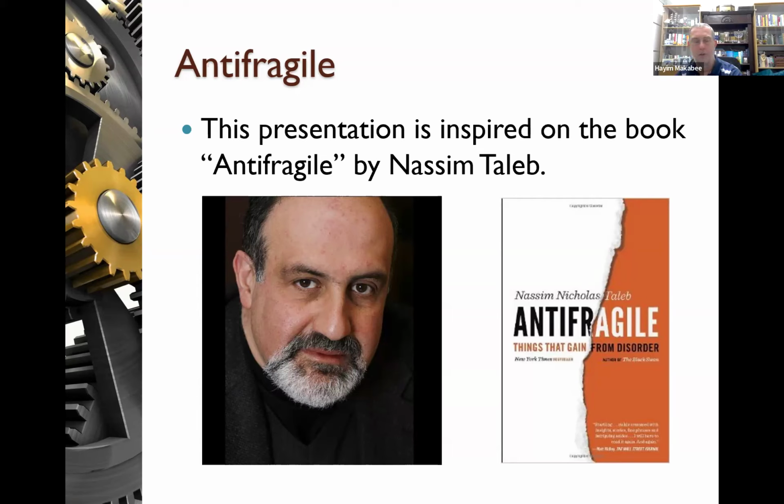He wrote two other very famous books. One was the Black Swan book that you should be familiar with. It also became a movie, the Black Swan movie. And he also wrote a book called Fooled by Randomness. But this is my favorite book, The Antifragile, because he's creating a new idea.